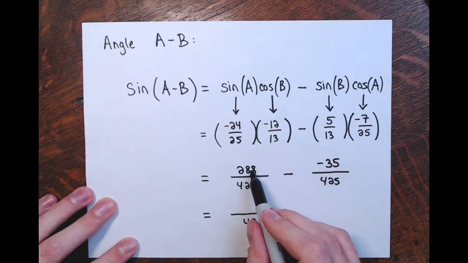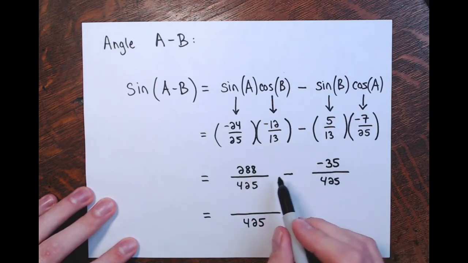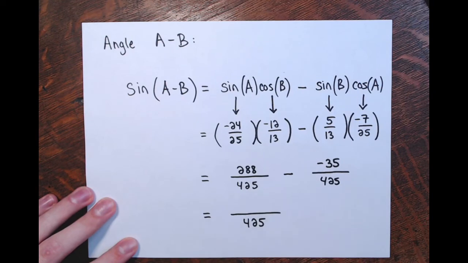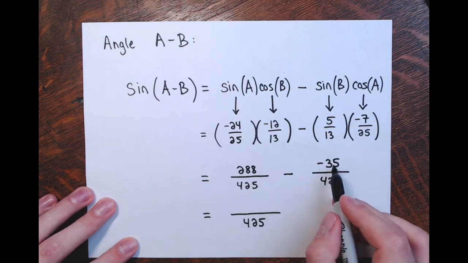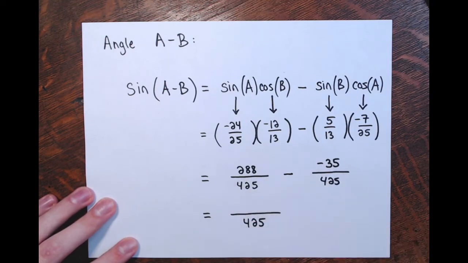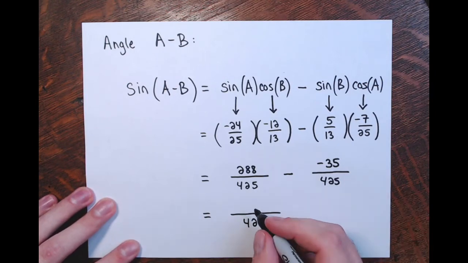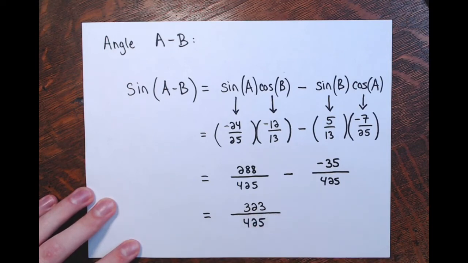And then 288, minus negative 35 would be 288 plus 35. If I add 5 to that, that'd be 293, and then 30 more would be 323. And it said give your answer as a fraction, and here we go.